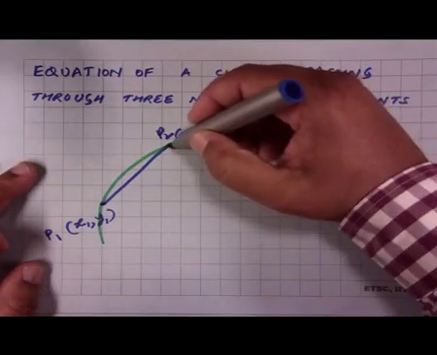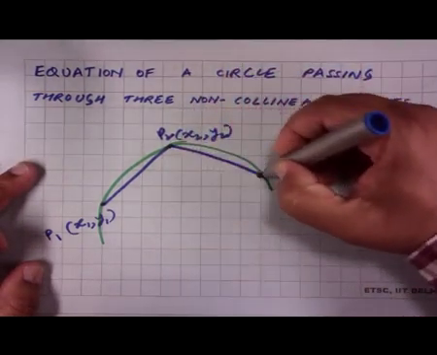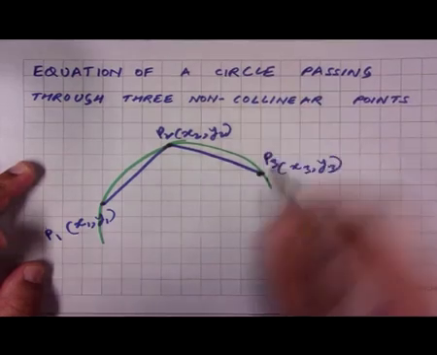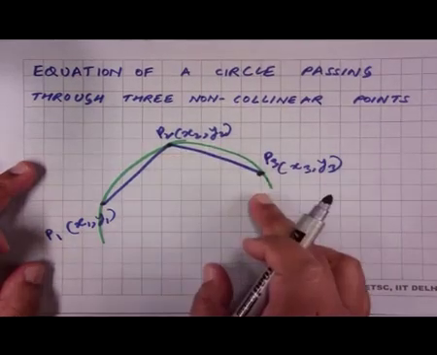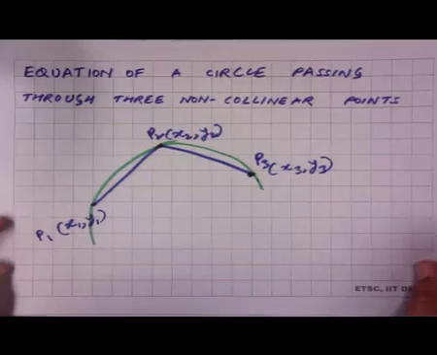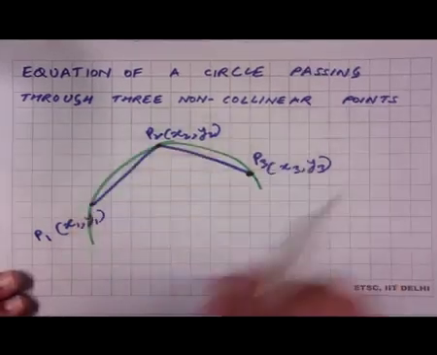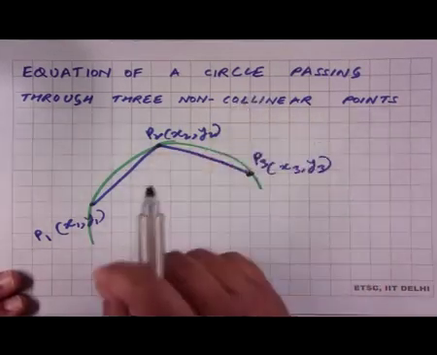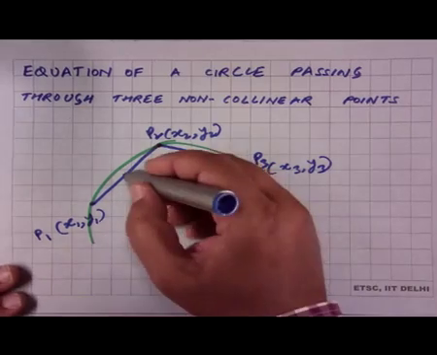Similarly, the straight line joining P2 and P3 will be another chord of the same circle. And then using the result that we just saw now, we can easily find the center of this circle, because now we have 2 chords.